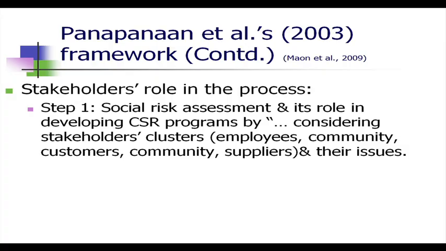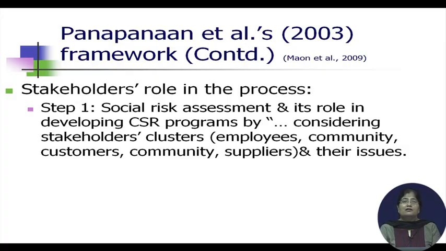Now what is the role of the stakeholders in this process? The role of the stakeholders in this process is social risk assessment and its role in developing CSR programs by considering the clusters of stakeholders: employees, community, customers, suppliers and their issues.